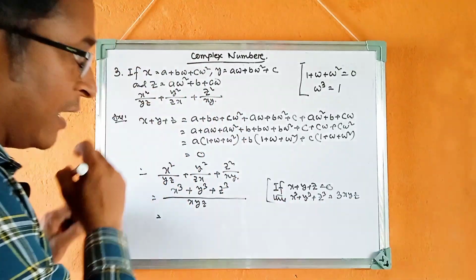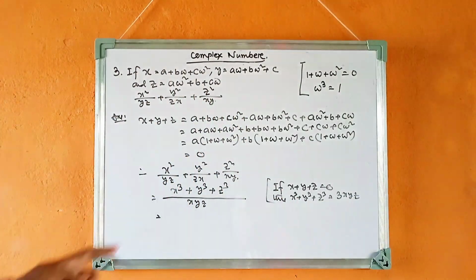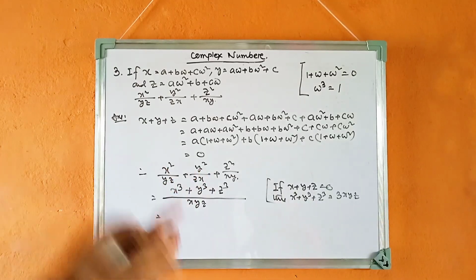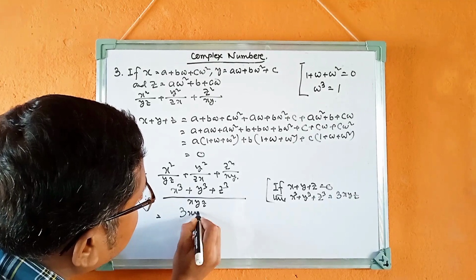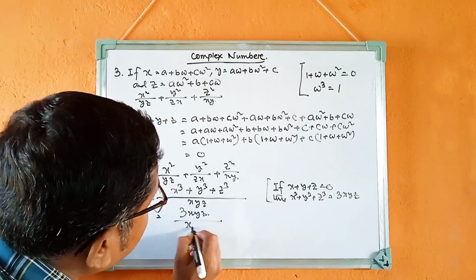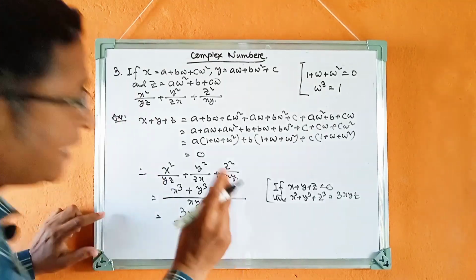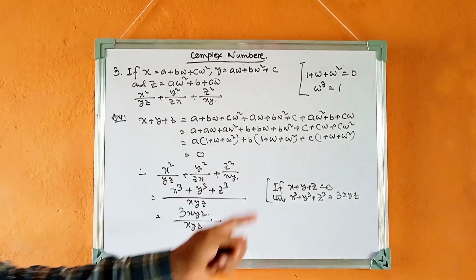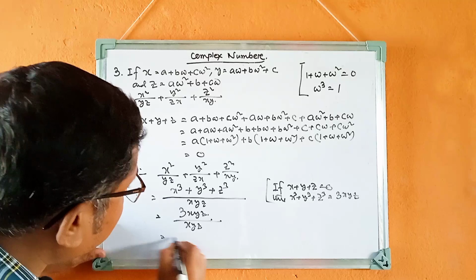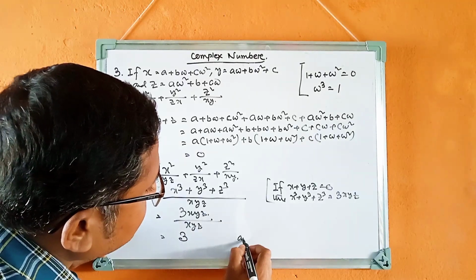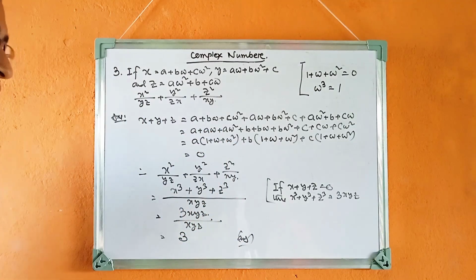Okay, this is the formula. So we write x cube plus y cube plus z cube is equal to 3xyz, divided by xyz, when x plus y plus z equal to 0. Remember it. Now xyz cancel, so only 3 here. This is the answer of today's last sum.